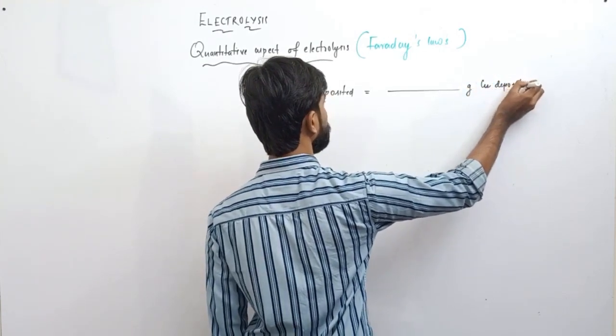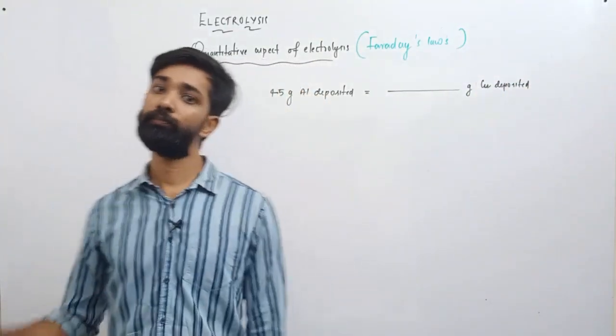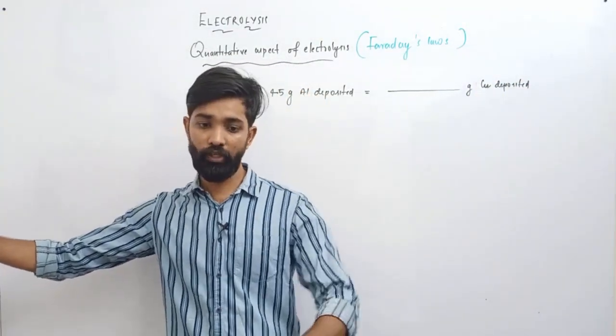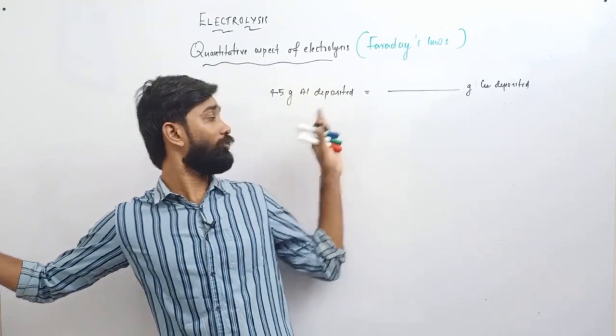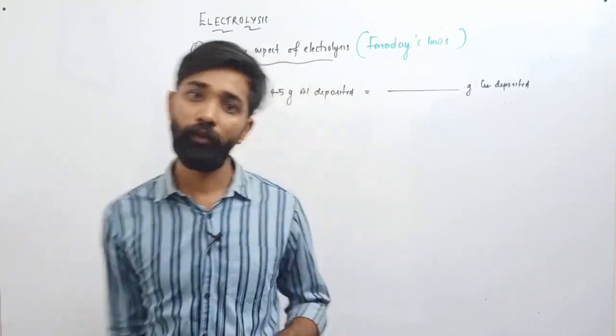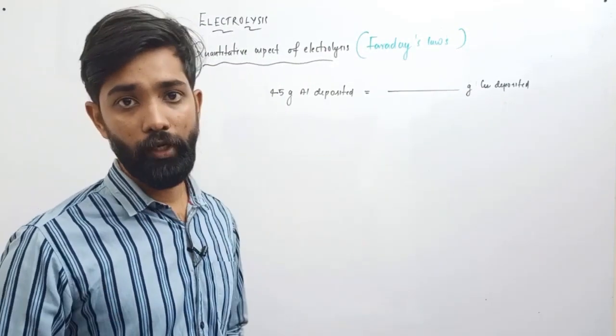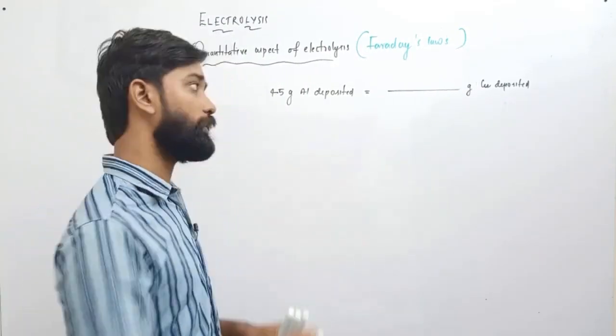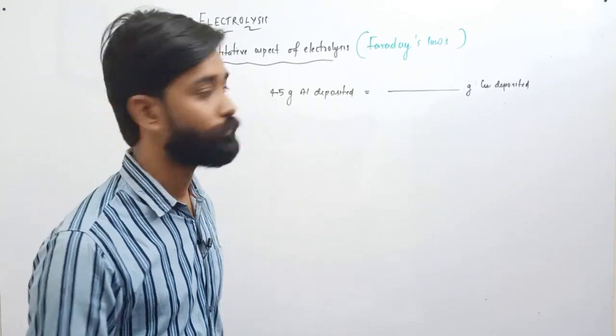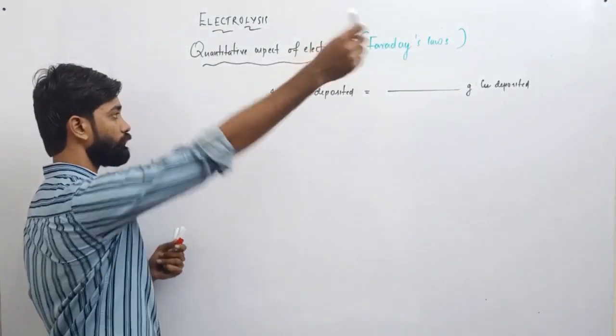It's a good question. The question is that if in a cell 45 gram aluminum is deposited, then if we remove that cell and supply the same current, how much copper is deposited? Fine.